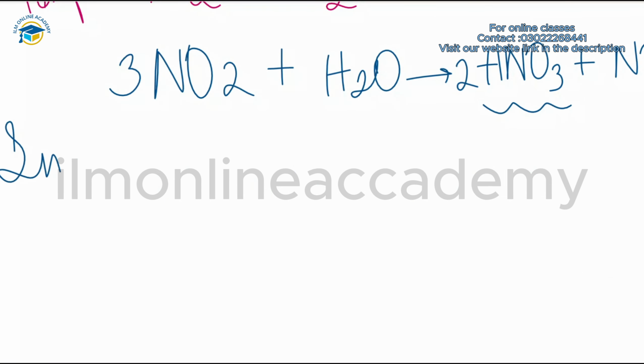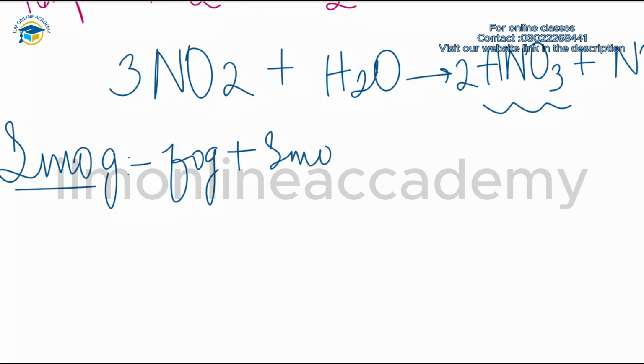Smog is the combination of fog plus smoke. So when smoke and fog combine, they form smog. Photochemical smog results when several air pollutants react with sunlight to form a brown haze that is seen over many large cities.